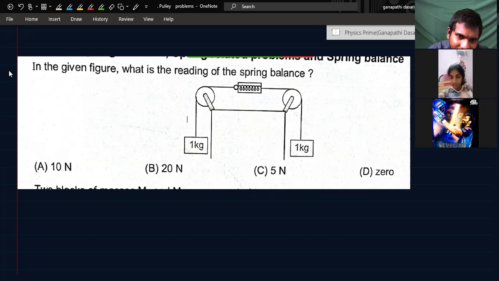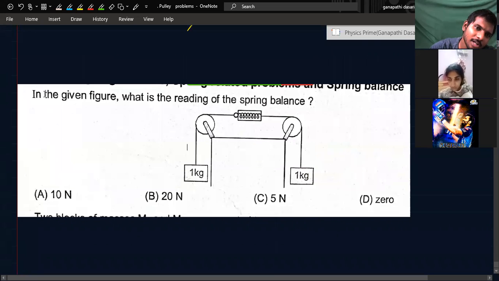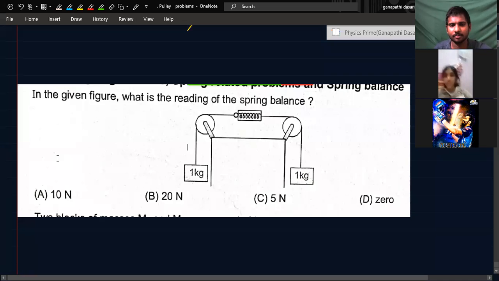Okay, tell me. 0, sir. Answer is 0, is it? How are they in equilibrium? Same weights, sir. Both ways same means, that means what? There will be no tension. It will be equal to 0.